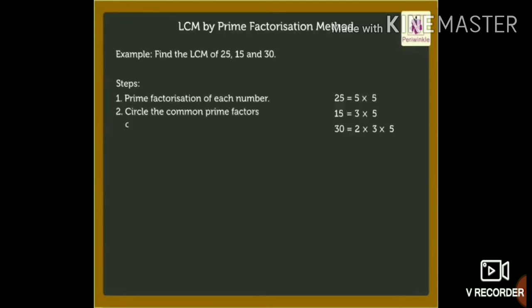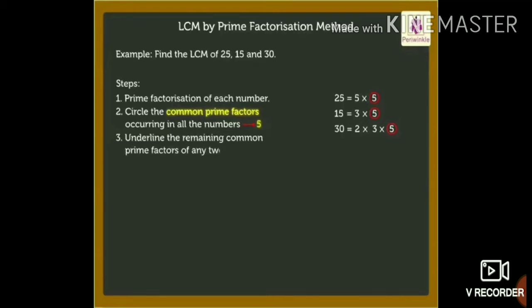Here, circle the common prime factors. These three numbers have the common factor 5, and all three have the 5.